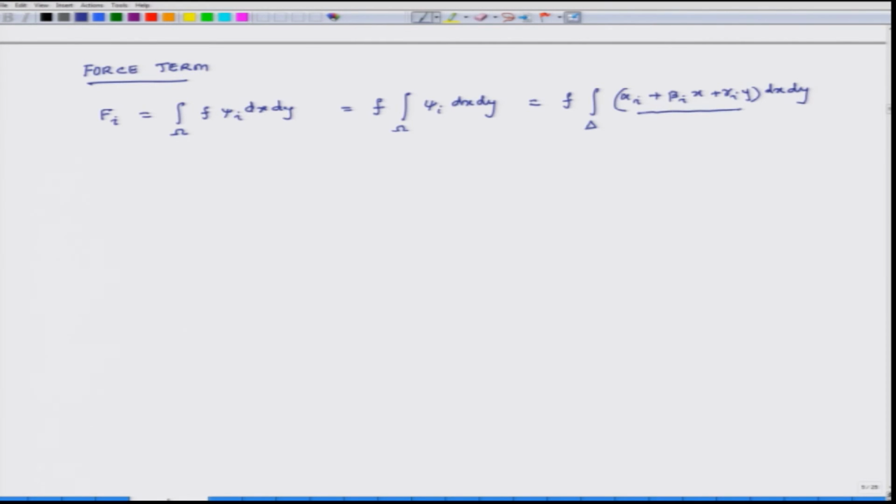This expression can only be put for a triangular domain. So, that is why I have to replace omega by triangle.